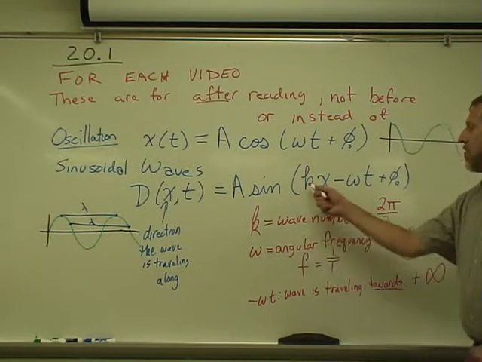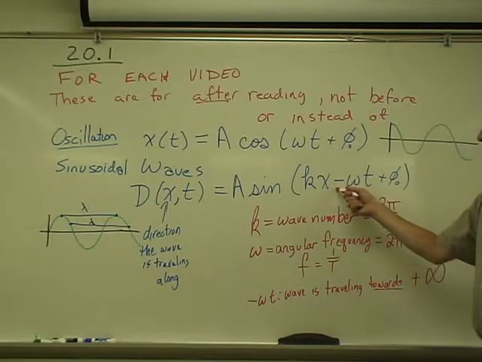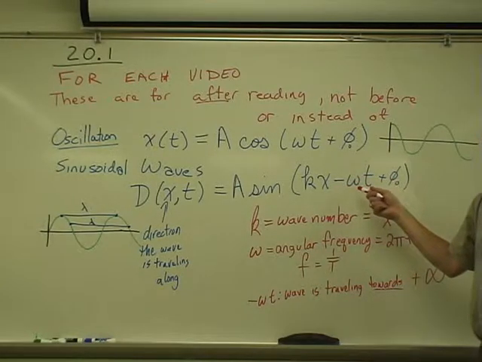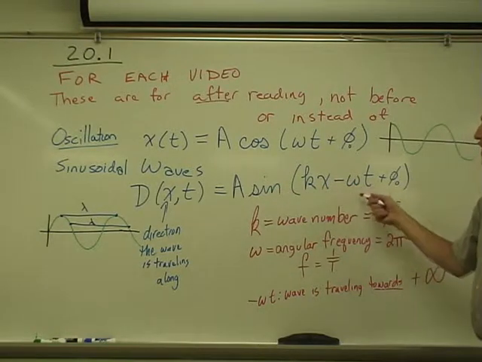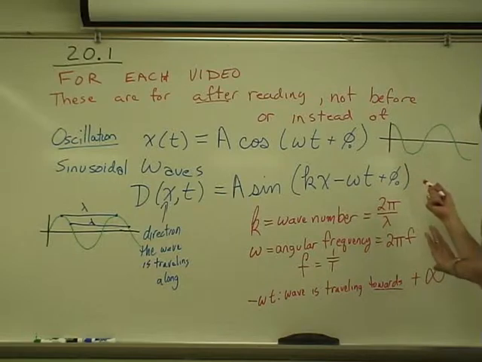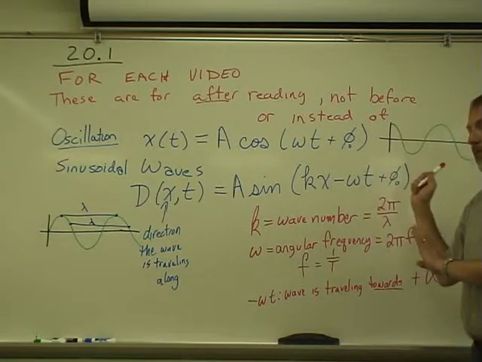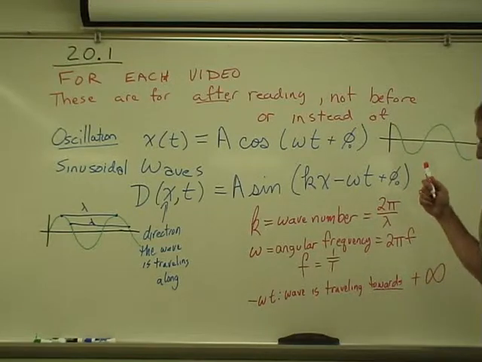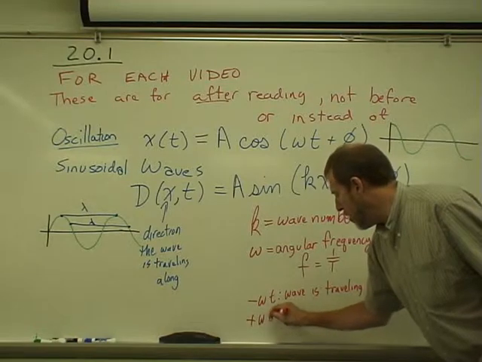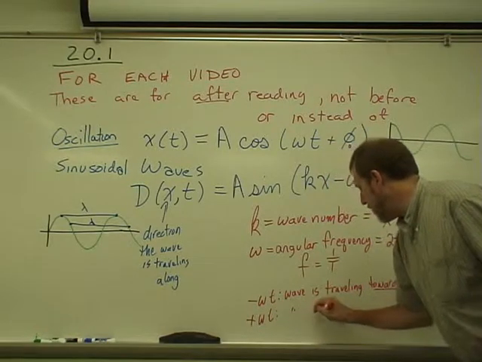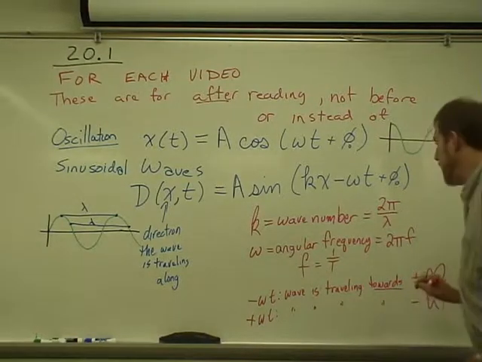So kx minus omega t means a wave traveling from negative infinity toward positive infinity. If I were to write sine of kx plus omega t plus that phase constant phi naught, I would be looking at a wave starting at positive infinity going to negative infinity. So with positive omega t, the wave is traveling toward negative infinity.